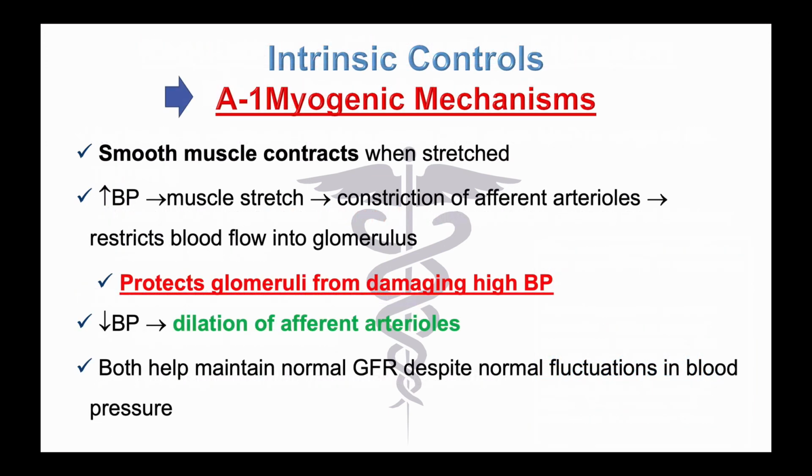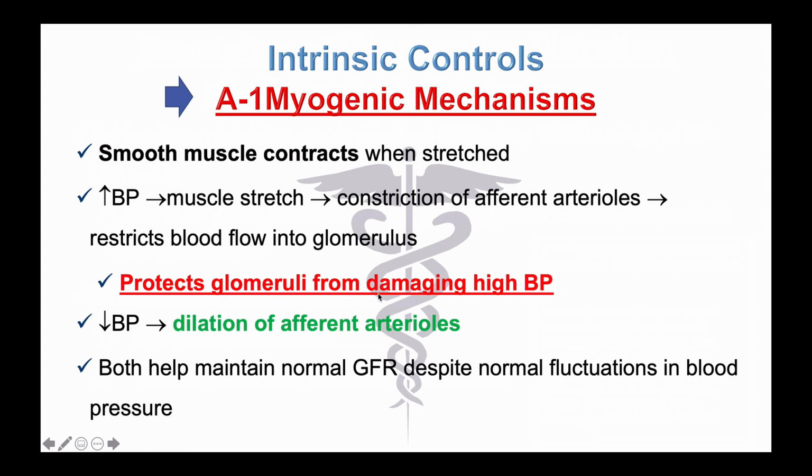Next, let us speak about the myogenic mechanism. The smooth muscle present in the juxtaglomerular apparatus contracts when stretched. Increased BP stretches the muscle, causing constriction of the afferent arterioles and restricting blood flow into the glomerulus.